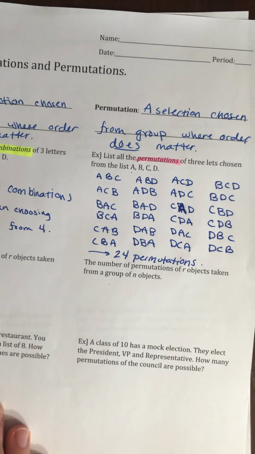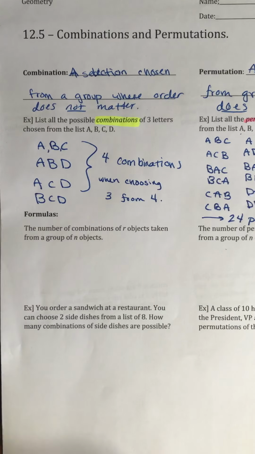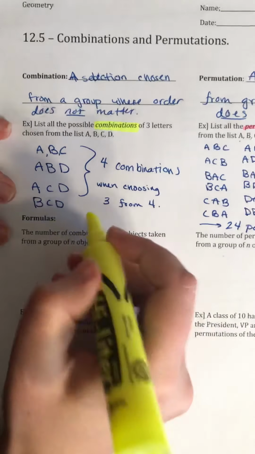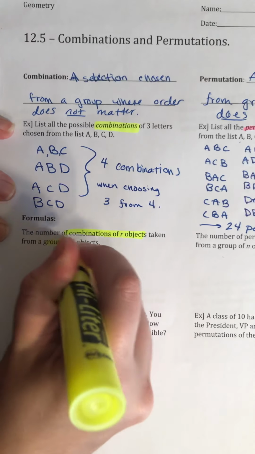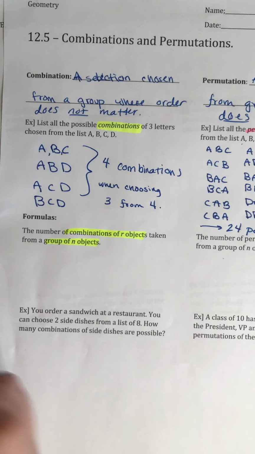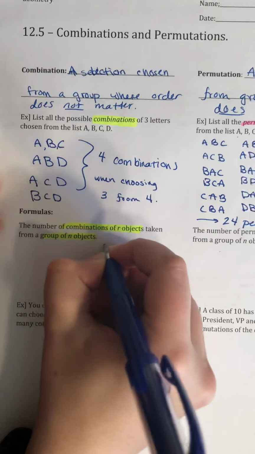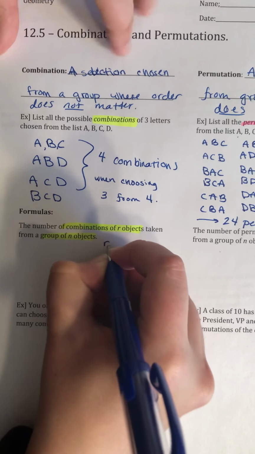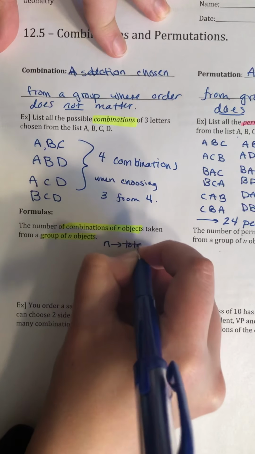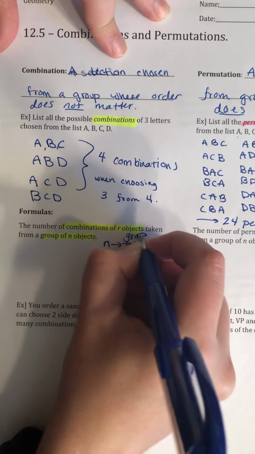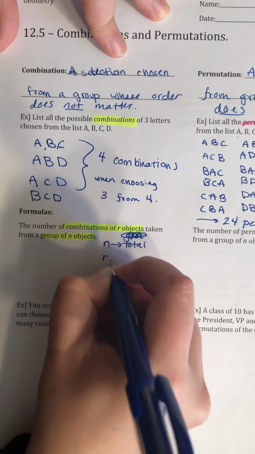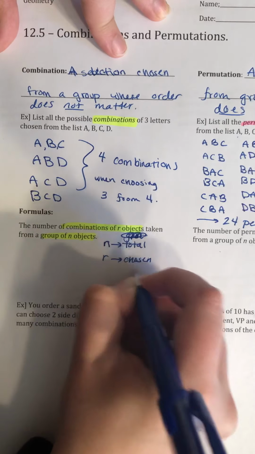Now, listing out all the possibilities is not a reliable way to do this, so there are formulas for combinations and permutations. We choose R objects from a group of N objects. N is the total, and R is the chosen group.